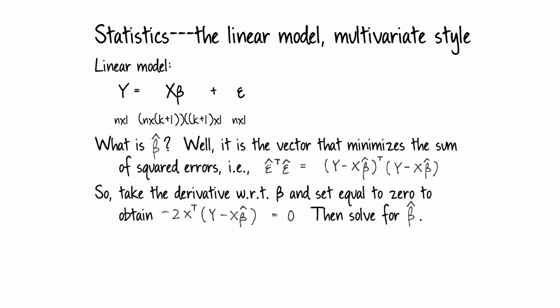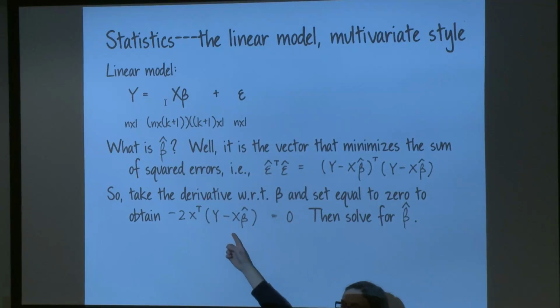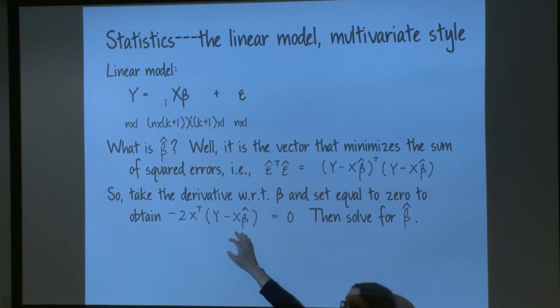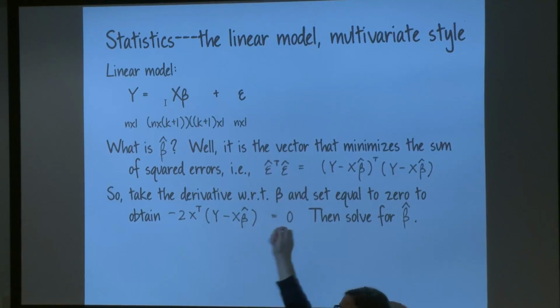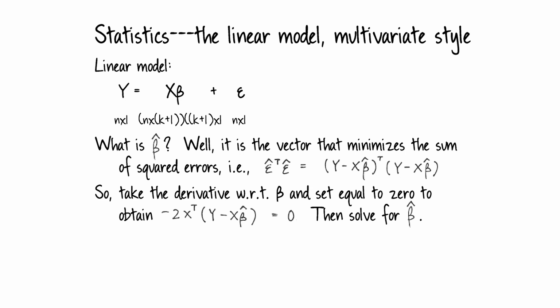Okay, if you're not used to doing calculus with vectors and matrices, in the notes that I posted online, I write this out in more detail, and you can take a look at that if you want. But basically, we get this equation set equal to 0, and this is going to tell us what the beta hat that minimizes the sum of squared residuals is.